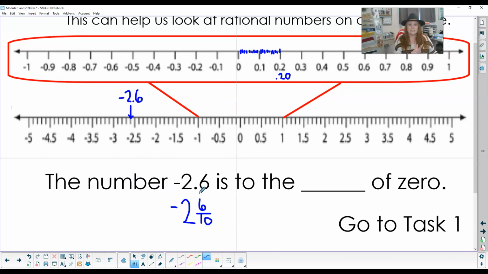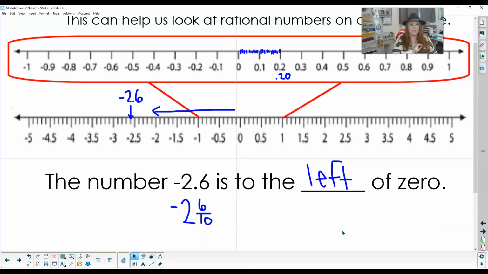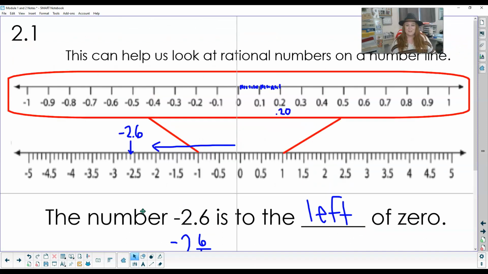And the question asks us, -2.6 is to the blank of 0. So we had to go this direction, which is to the left of 0 to get there. And you can ignore that little guy. So that is to the left of 0.